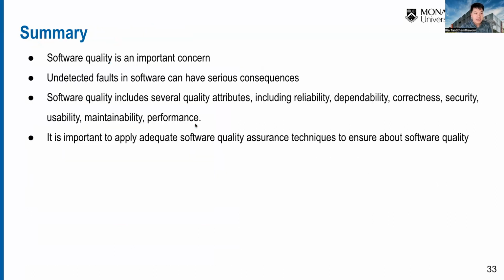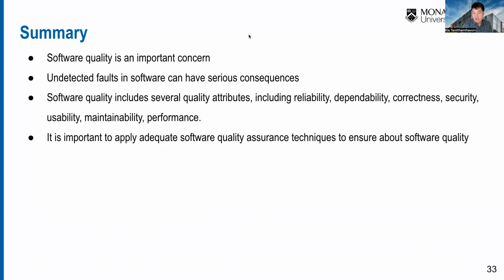Okay, and that's all for today. We talked about software quality. It is very important. If bugs are undetected, then it can have some serious consequences, monetary loss, reputation loss. We talked about different software quality attributes, right? So we will practice more during the studio as well.